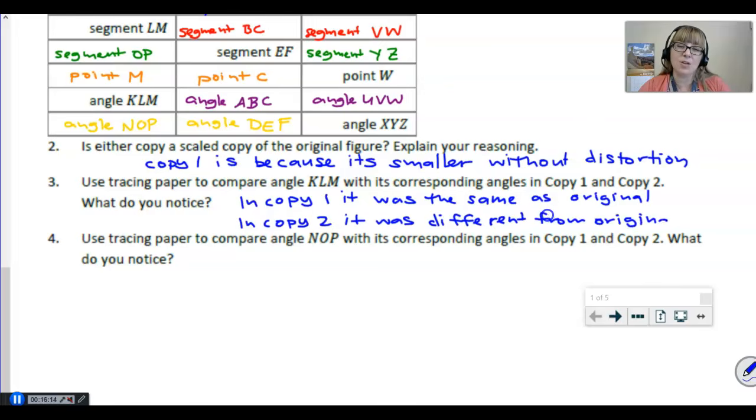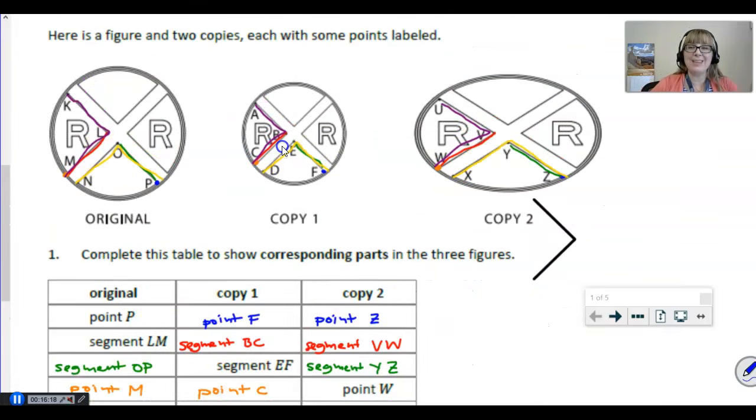This is important to notice because we already came to the conclusion that copy 1 is a scaled copy. And so it's interesting to note that when it is a scaled copy, we're seeing that the angle ends up being the same. And when it's not a scaled copy, it's different.